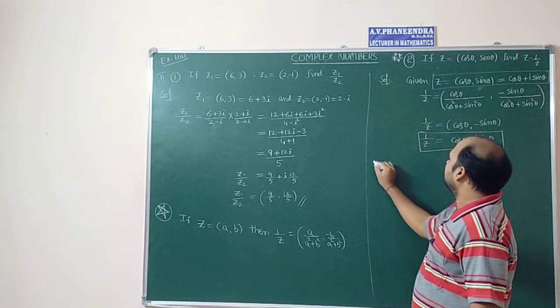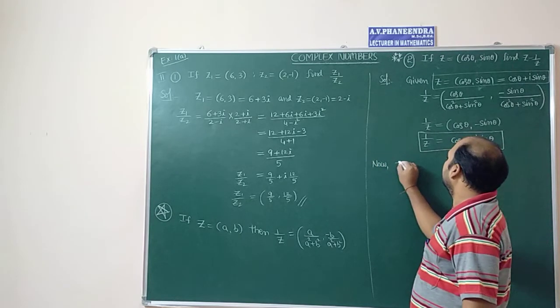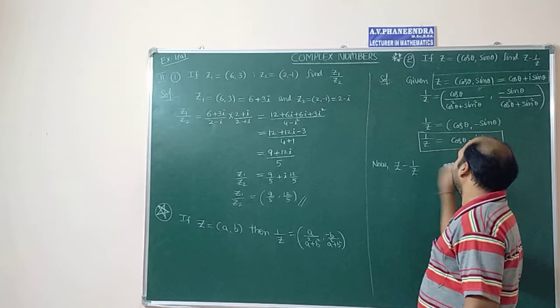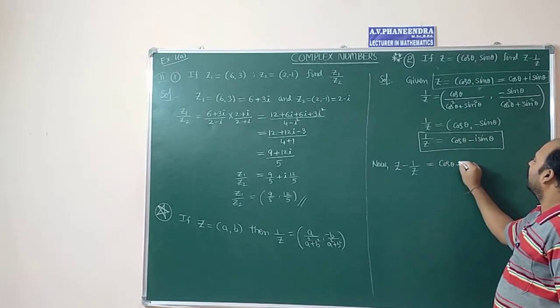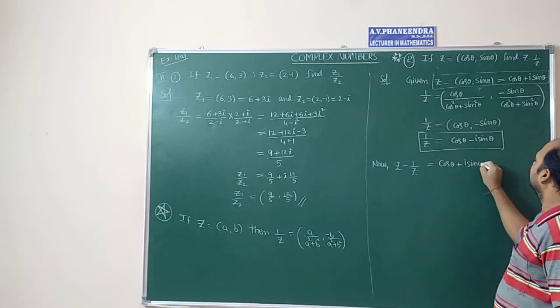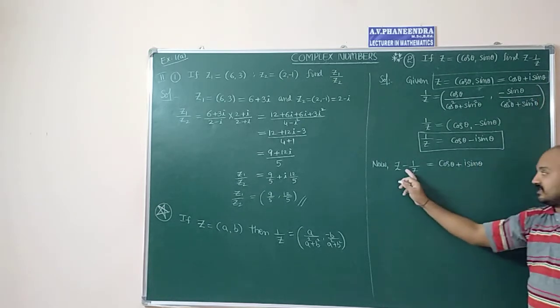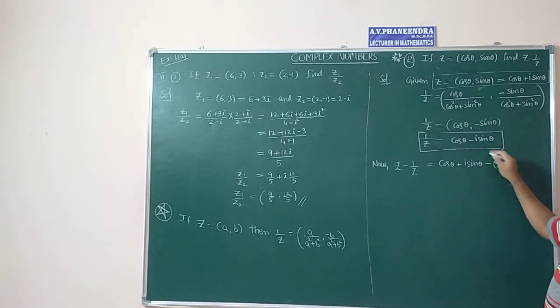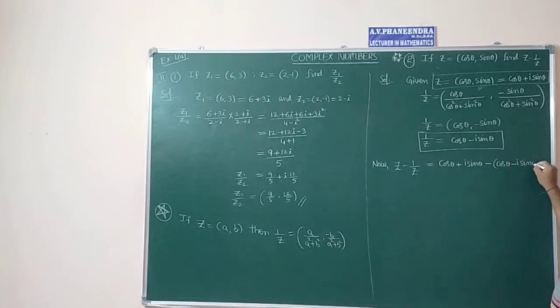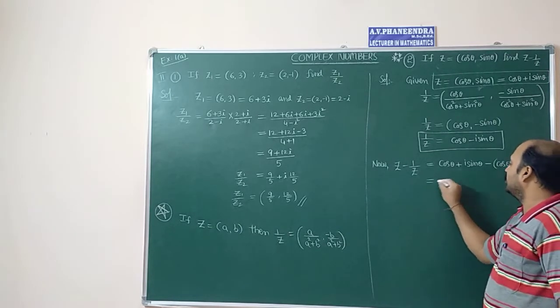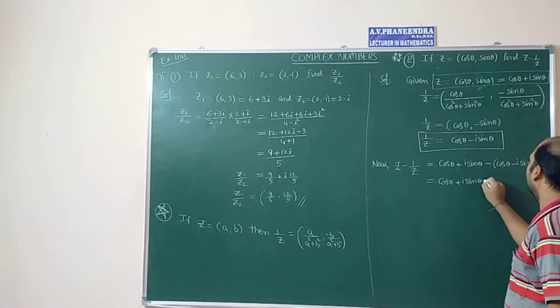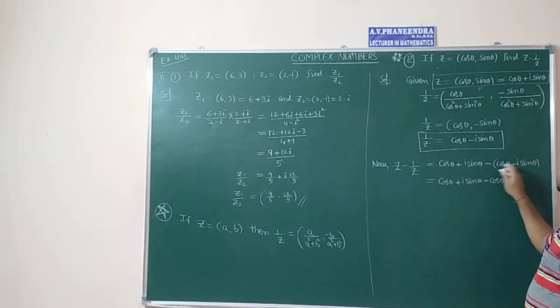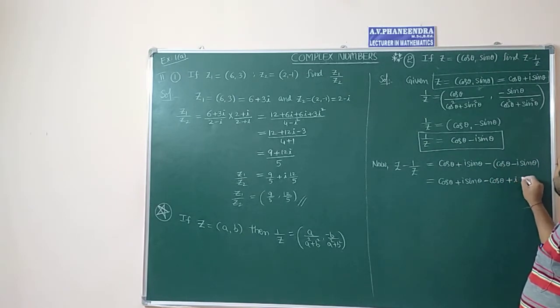Now consider Z minus 1 by Z is equal to cos theta plus I sin theta minus 1 by Z. Minus 1 by Z value is cos theta minus I sin theta, which is equal to cos theta plus I sin theta minus cos theta minus into minus plus I into sin theta.